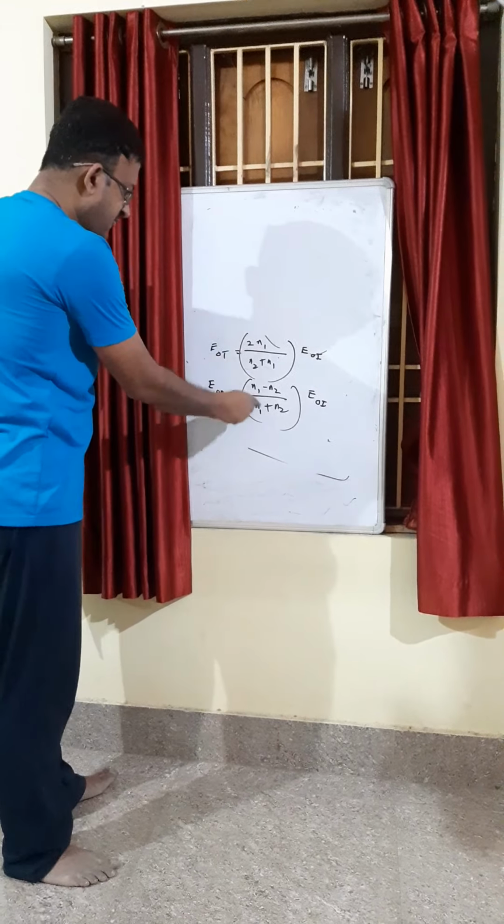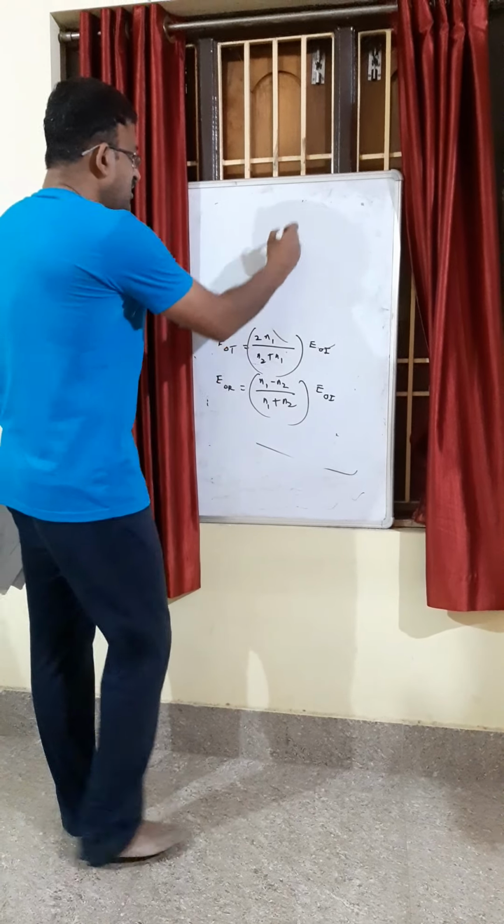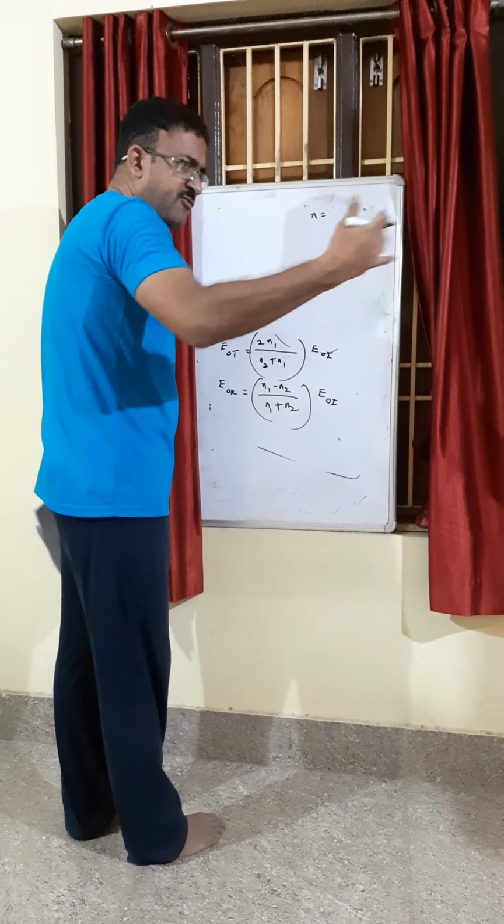And if you want to express it in terms of velocity, easily you can find it, because you know the refractive index is inversely proportional to the velocity.